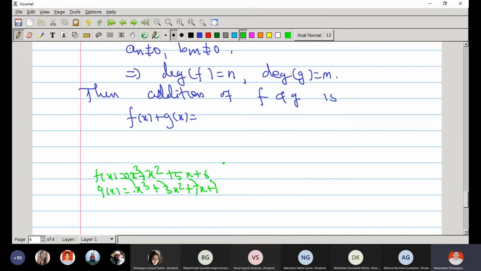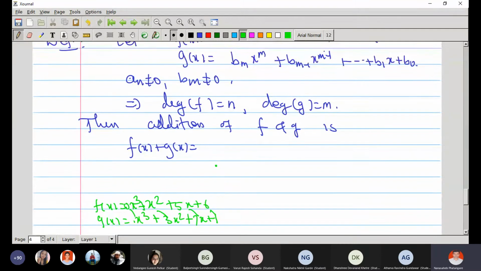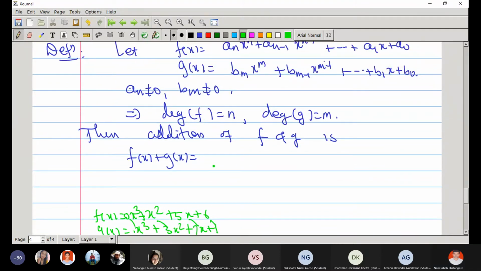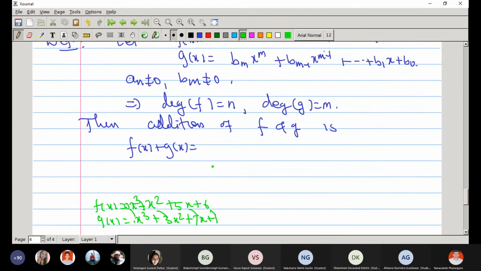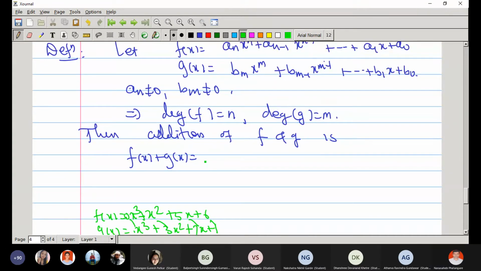But it depends on which is larger and which is smaller, correct? So if I want to define addition, I should define it properly.